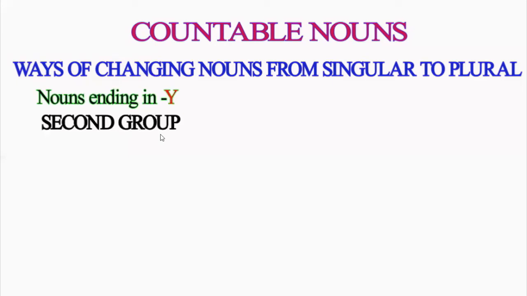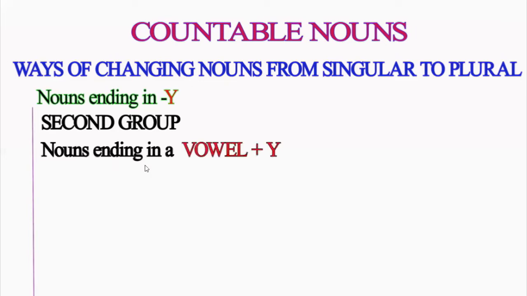Second group. We said that nouns which end in y are categorized into two groups. Now, we have already seen the first group, and now let us see the second group. Nouns ending in a vowel plus y.